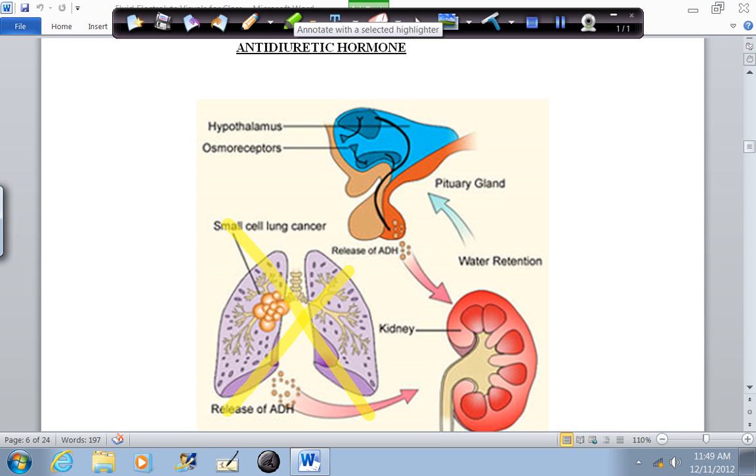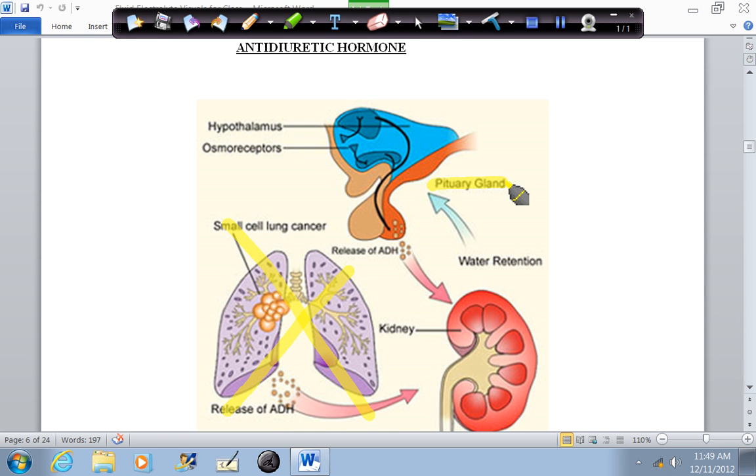So the key here for antidiuretic hormone, which is produced in the posterior pituitary, is serum osmolality. If you have increased concentrated blood, let's say the blood is rather concentrated, this person's a little dehydrated. As that concentrated blood goes through the pituitary gland, it causes an increase in antidiuretic hormone.